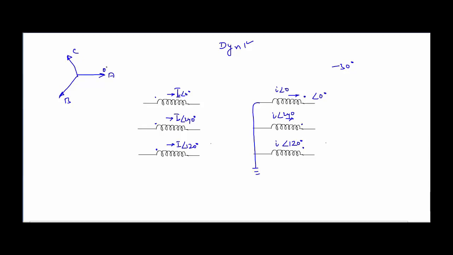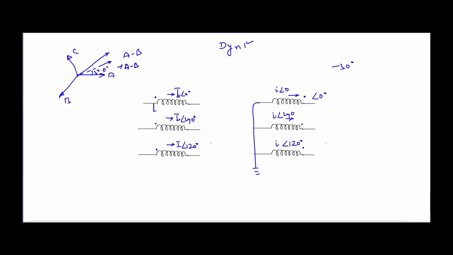Well, if it is 0 degrees, then plus 30 degrees will be somewhere here. So this is plus 30 degrees, and in order to get plus 30 degrees, what we are going to do is we are going to take negative of b. So it is simply a minus b, or it is plus of a and minus of b. So this is plus of a and this is minus of b.